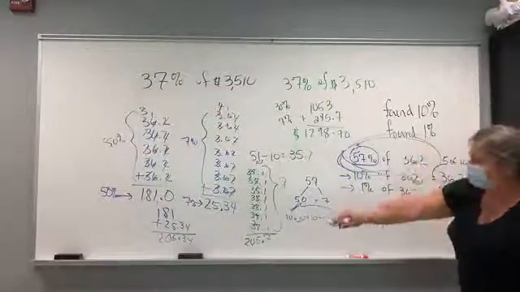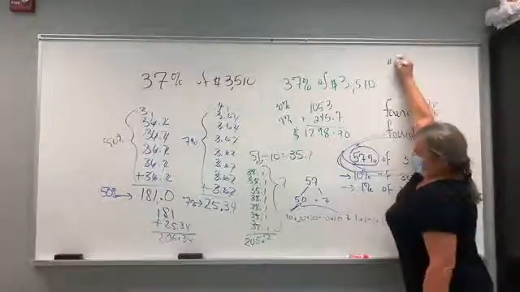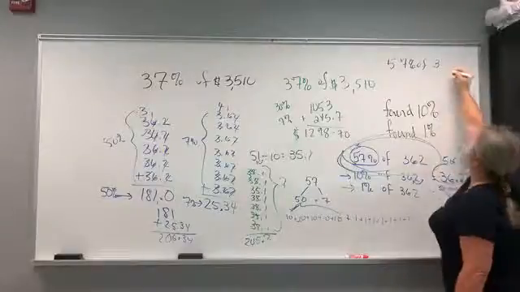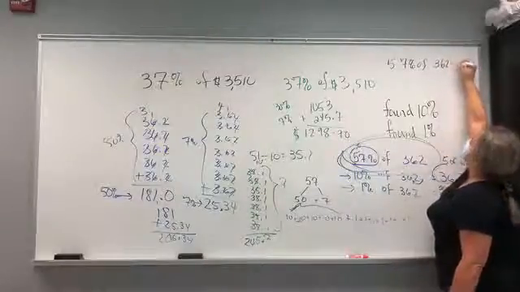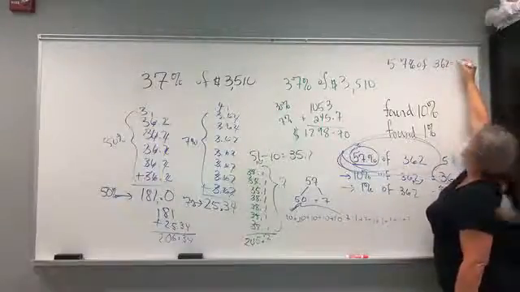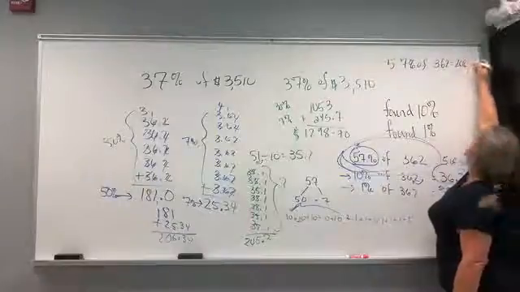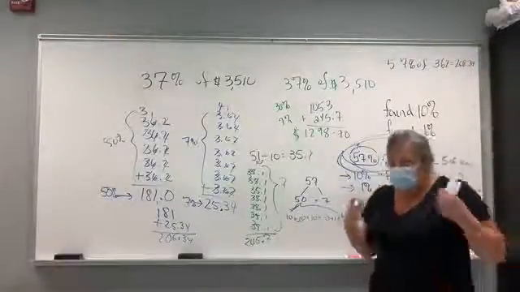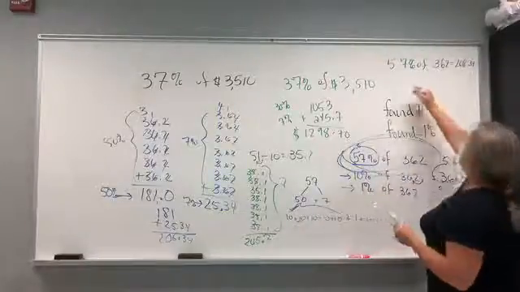What we said was 57% of 362 is 208.34. Now, does it make sense? Let's think.